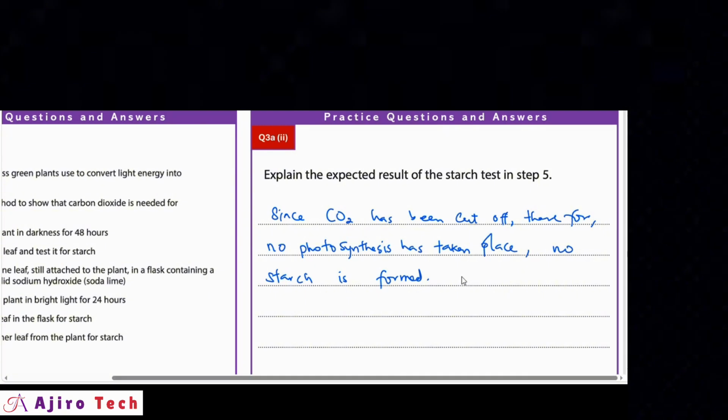So how are we going to know that the starch is not formed, or the test is negative? The iodine solution remains yellow.